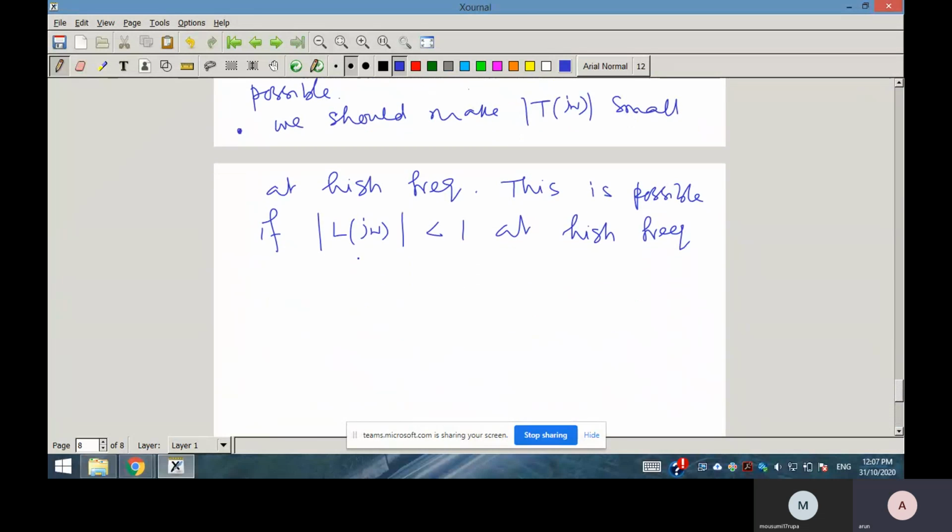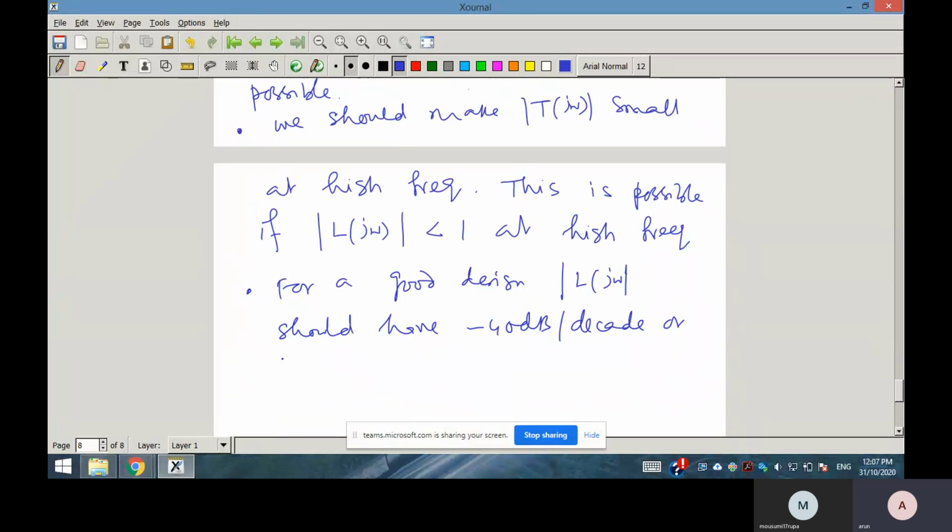So L j omega should be small at high frequency, as I said. For a good design, mod L j omega should have a roll-off rate of minus 40 dB per decade or more at high frequency.